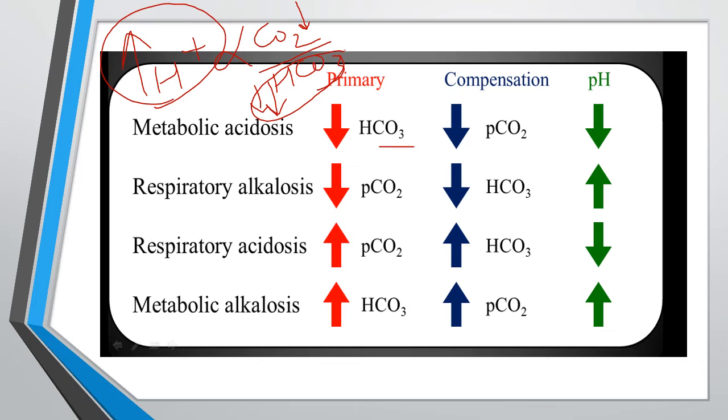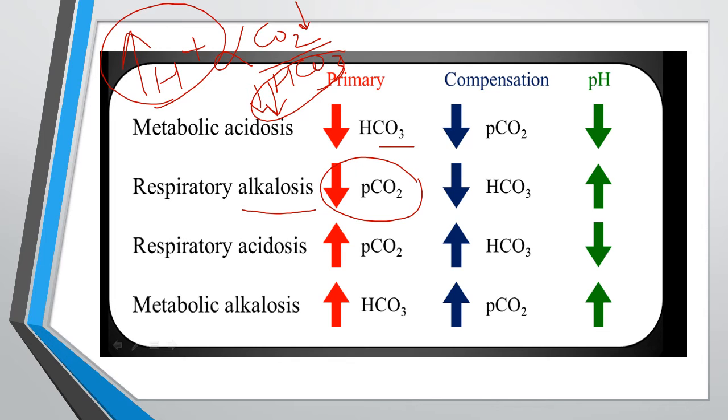Second thing, respiratory alkalosis. Same way, what happens here? What is the primary change? The primary change is a decrease in the PCO2. If the PCO2 decreases, what will happen to H plus? H plus will decrease, right? Because the numerator is decreased. So PCO2 decreases, H plus decreases.